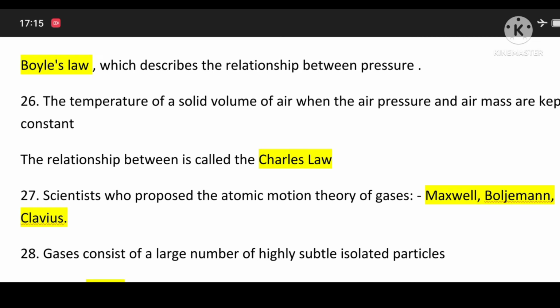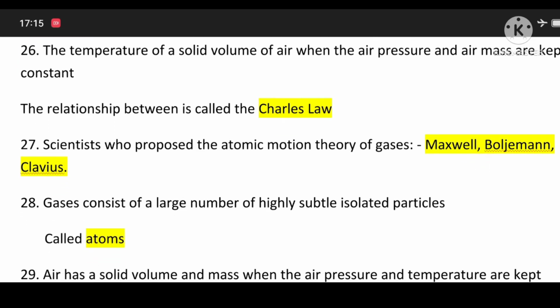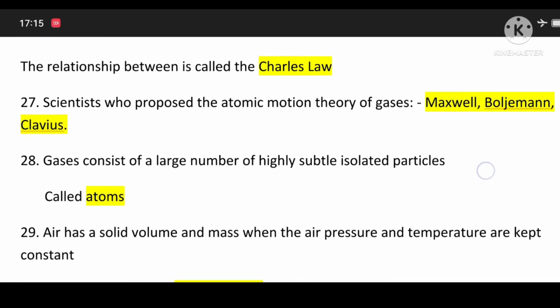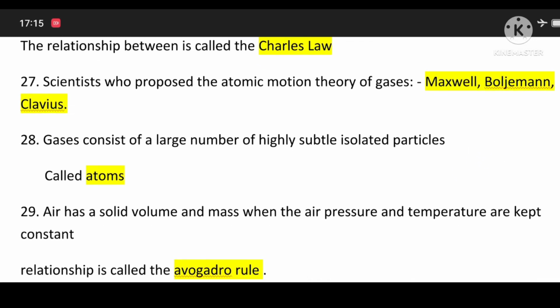Number 26. The relationship between the volume and temperature of a gas, when the pressure and mass are kept constant, is called Charles's law. Number 27. The scientists who proposed the kinetic theory of gases are: first Maxwell, second Boltzmann, and finally Clausius.